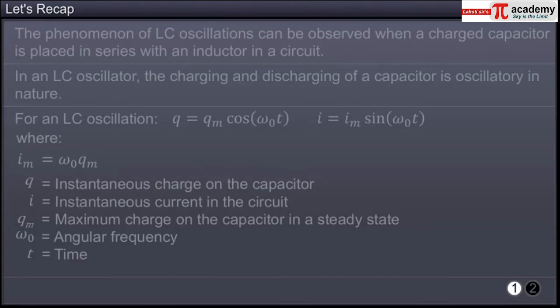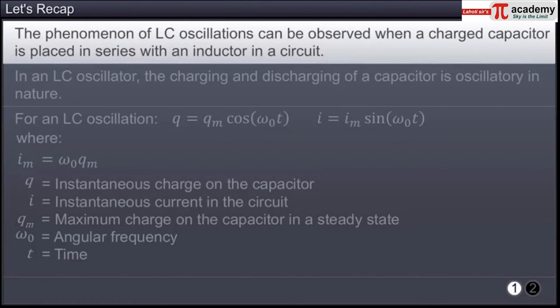You have now reached the end of this module. In this module, you learnt that the phenomenon of LC oscillations can be observed when a charged capacitor is placed in series with an inductor in a circuit.